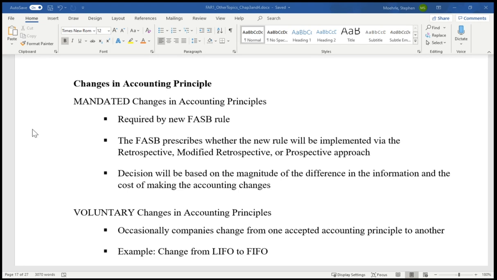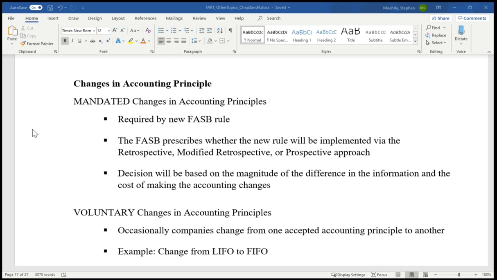The regulator's decision will be based on the magnitude of the difference in the information, how big the change is, and how much difference it makes in the financial statement information versus the cost of making the accounting change. So essentially, the regulator will do a cost-benefit analysis and look at the relative benefit of the accounting change, which is clearly significant since they're mandating the change.